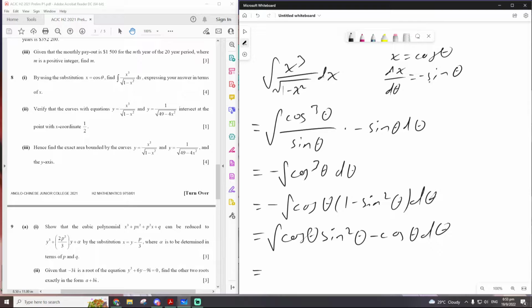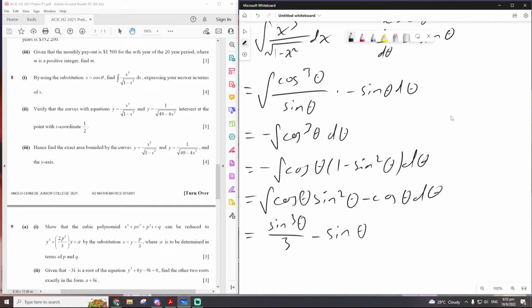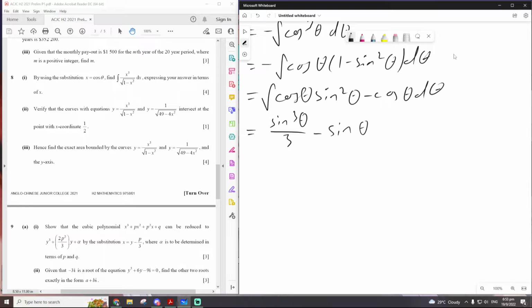So this is going to be sine cube of theta divided by 3 minus sine theta itself. Then we're going to change this back to terms of x. Let me make this clearer that this is cube.